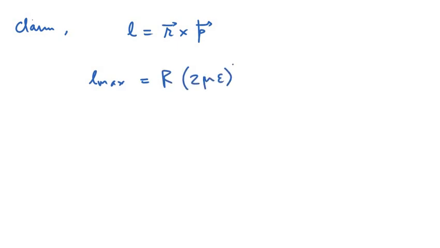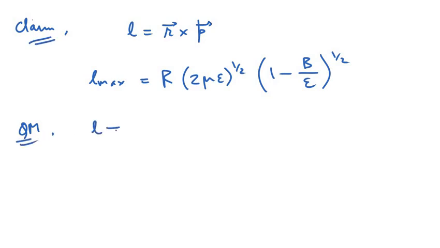Now, classically, for orbital angular momentum, we have L equal to R cross P. So this gives us L max equal to R times (2 mu epsilon) to the power half into (1 minus B by epsilon) to the power half, using the expression of the previous page. Now, quantum mechanically, L gets replaced by L h-bar.